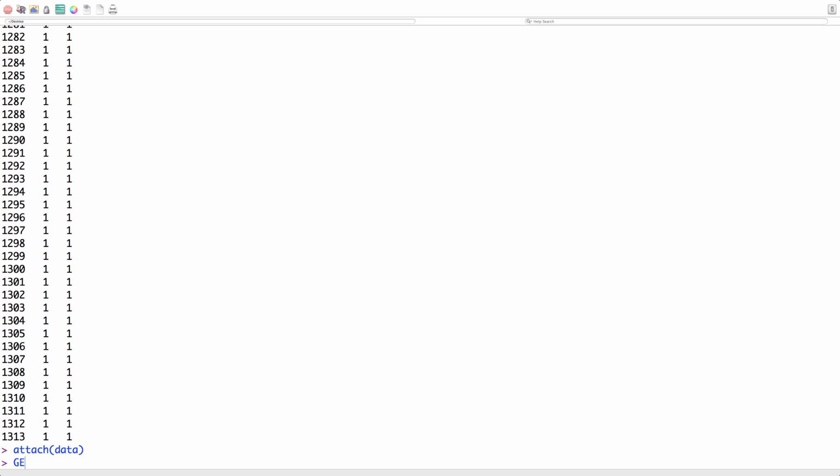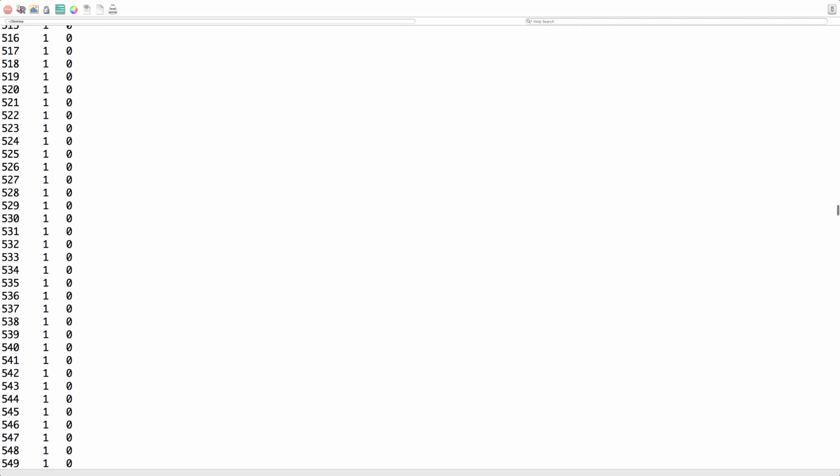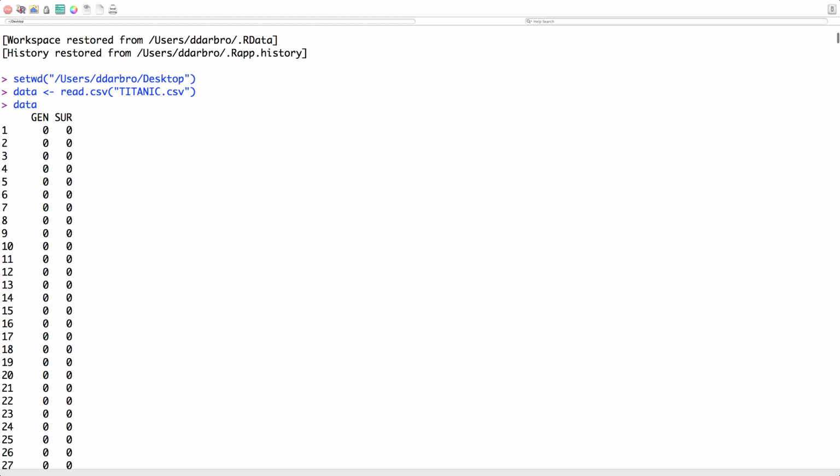So I'm going to go ahead and do that. I'm going to make GEN, as it stands, a factor, and survive, I forget, was it SUV? SUR, okay.